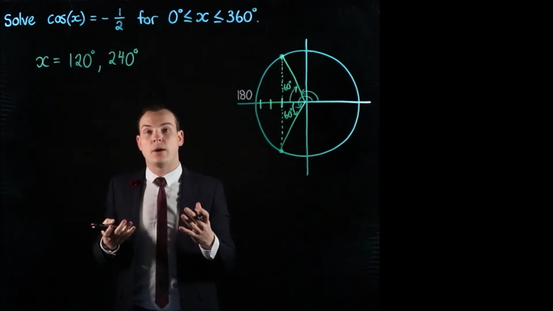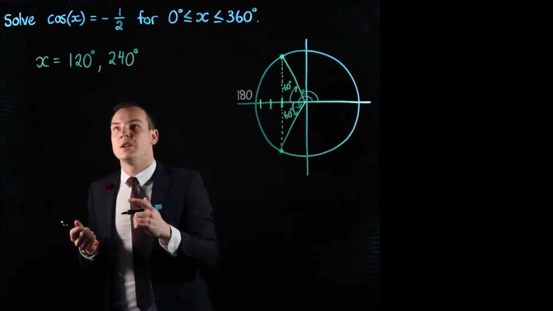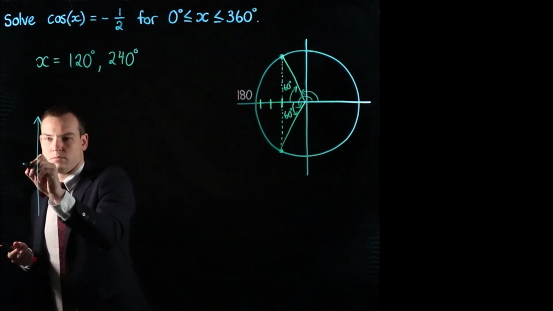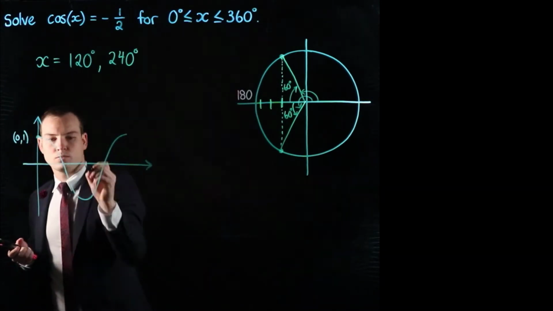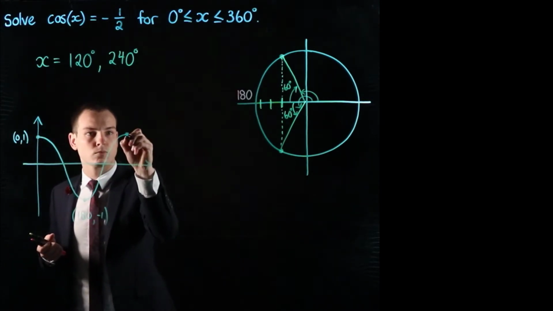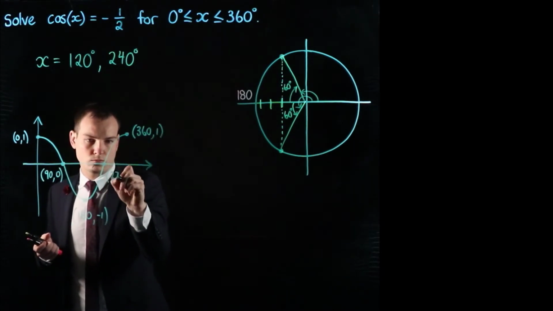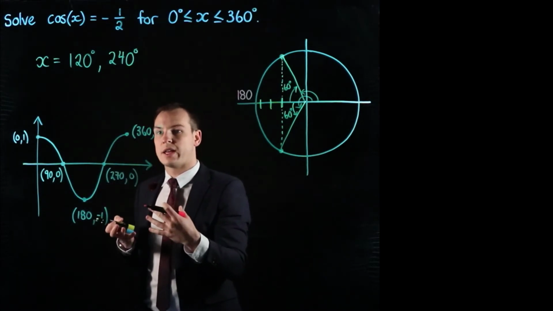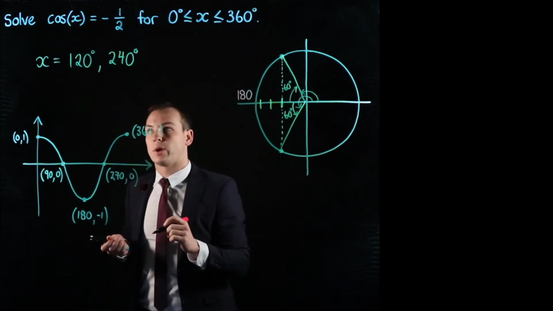So what we're going to do now is think about how these solutions relate to a graph. So what we're going to start with is a graph of cos of x. So this is our graph of cos of x, and we've done it between 0 and 360 because that's the domain given in the question.